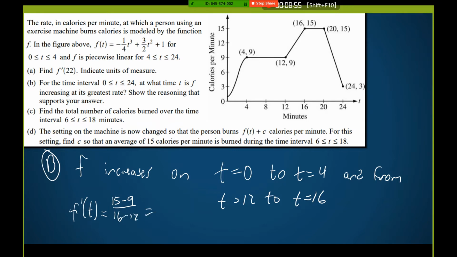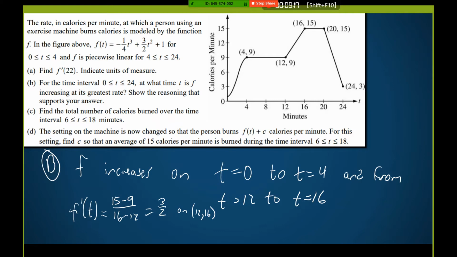Okay, so what is that? That's the slope, so it's 15 minus 9 over 16 minus 12. It's 3 over 2. Okay, 3 over 2 is my slope, in calories per minute squared. Calories per minute squared, you're right.